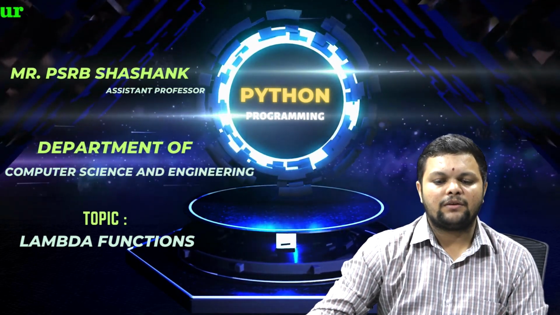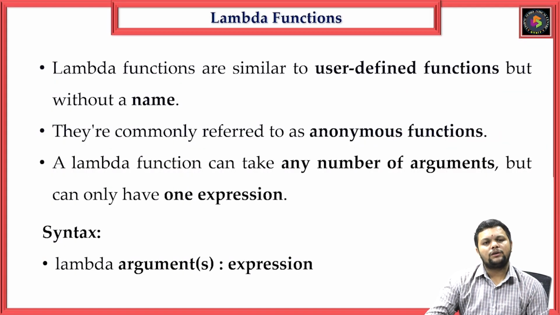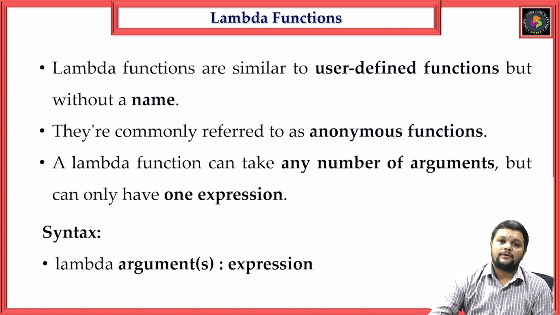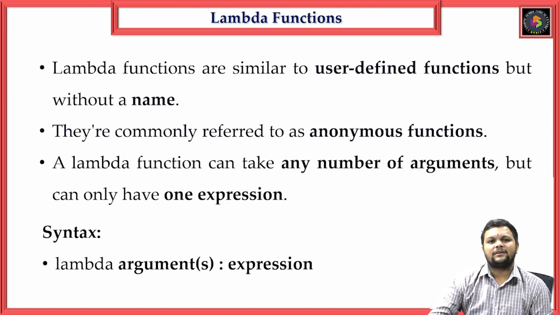So Lambda functions are similar to user-defined functions. The main thing is, a Lambda function doesn't have any name. As we have seen, if you want to create a user-defined function, you need to use a keyword called def.